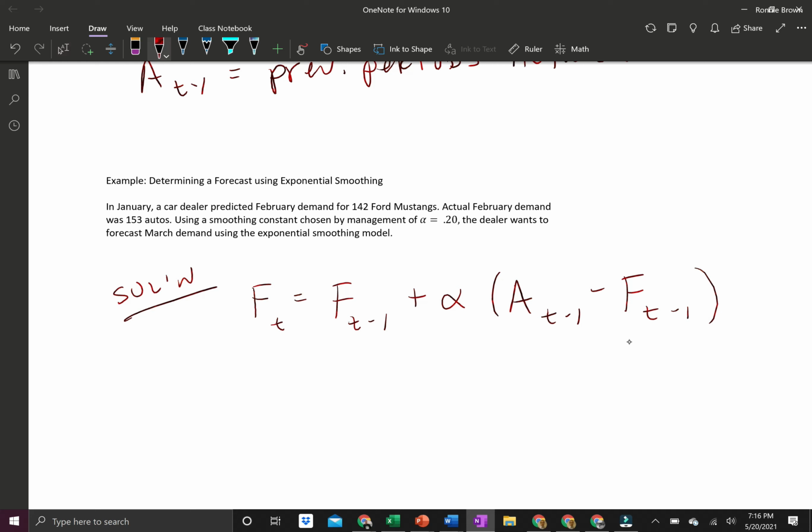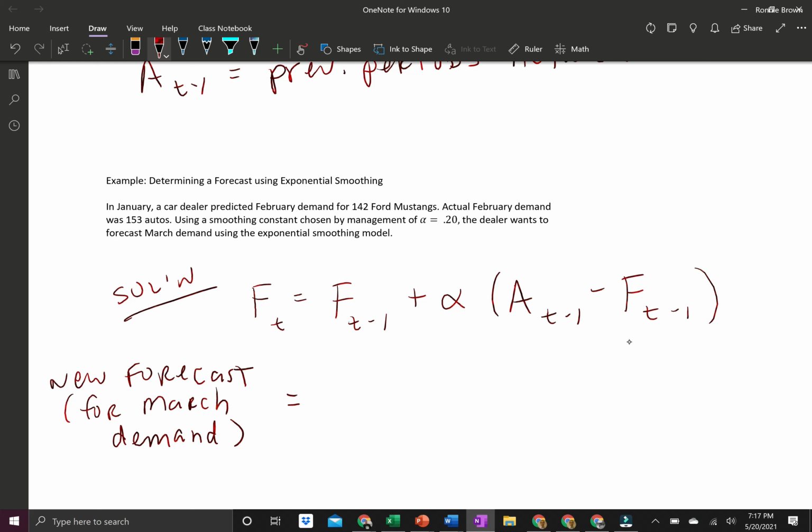All right, so the new forecast, and what did we say was for what month? March. For March demand. And it's okay to write these things out so that you can better understand them in plain English. So it's equal to the f sub t minus 1.